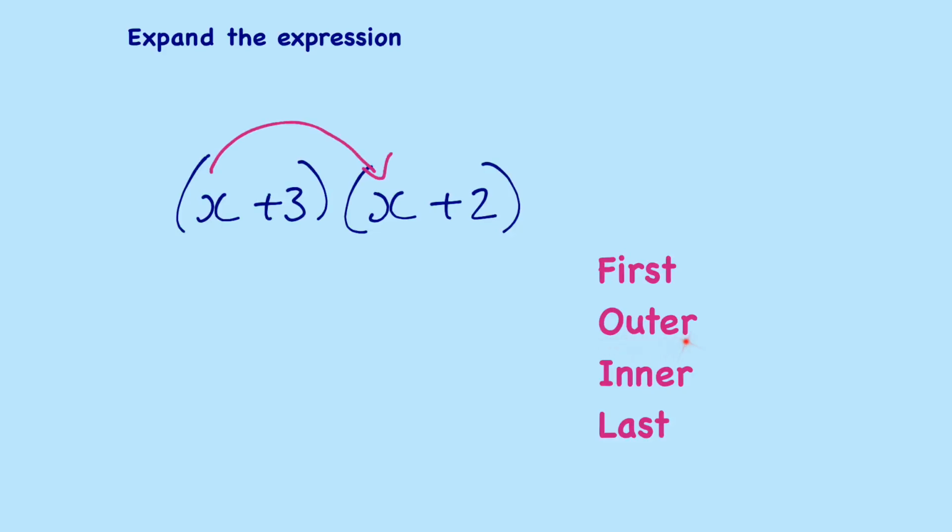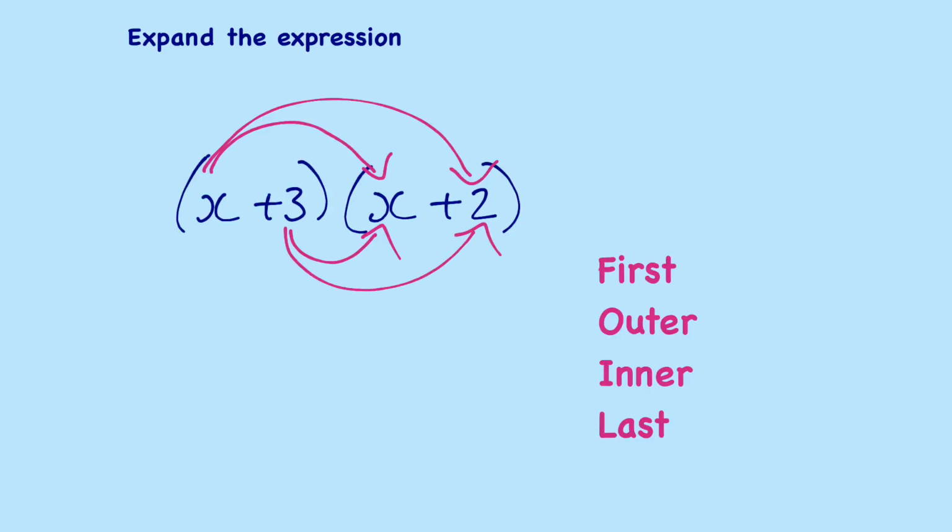Where it says outer, we multiply the outer two terms together. Inner means we multiply the inner two terms. And where it says last, we multiply the last two terms together.